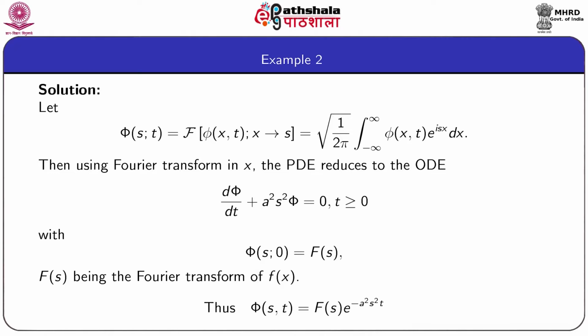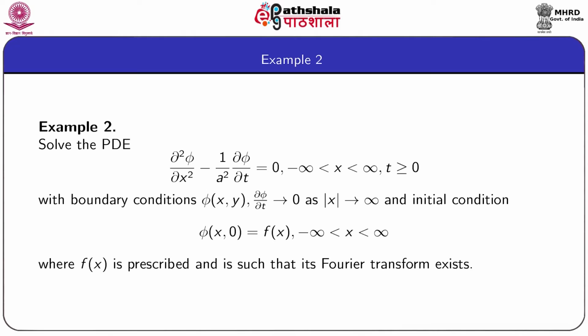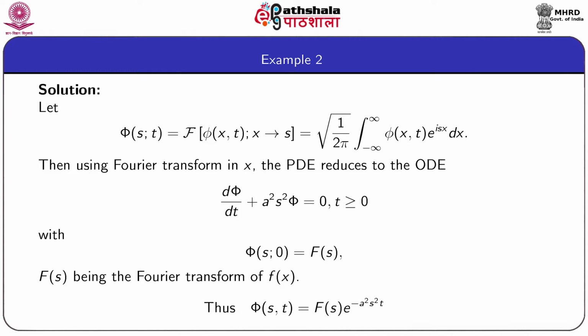Similarly, if we apply the Fourier transform to the condition φ at t equal to 0 equal to f(x), then this gets transformed to Φ(s,0) equal to F(s), where capital F(s) is the Fourier transform of small f(x).